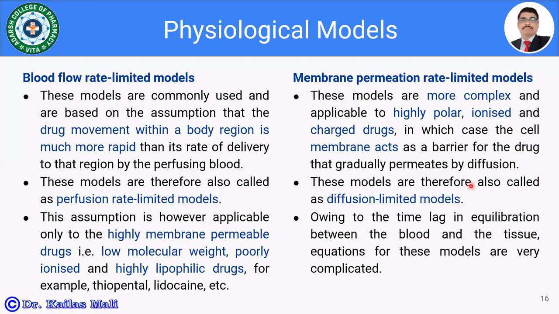These models are therefore known as diffusion limited models due to the physicochemical properties of the drug, that is, high polarity, high percentage of ionized fraction, and charged drugs. Owing to the time lag in the equilibrium between blood and tissue, as it is permeability rate limited or diffusion rate limited, the equations for these models are very complicated or complex. This is about the membrane permeation rate limited model.